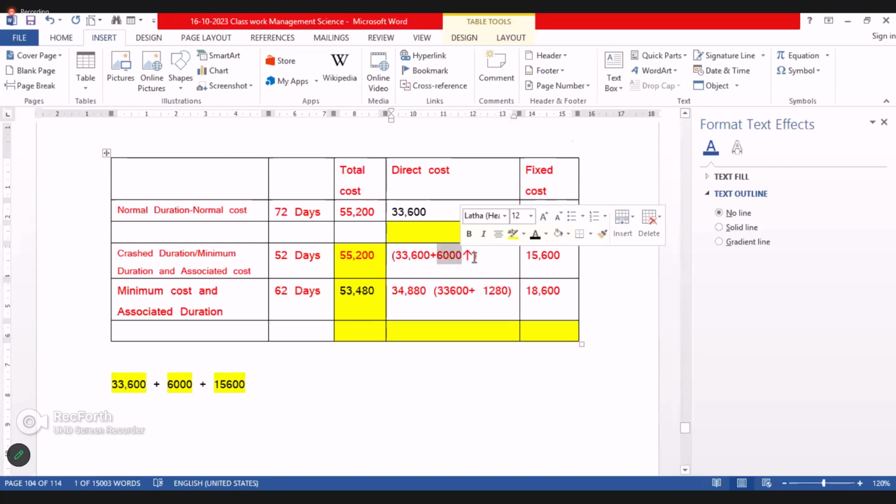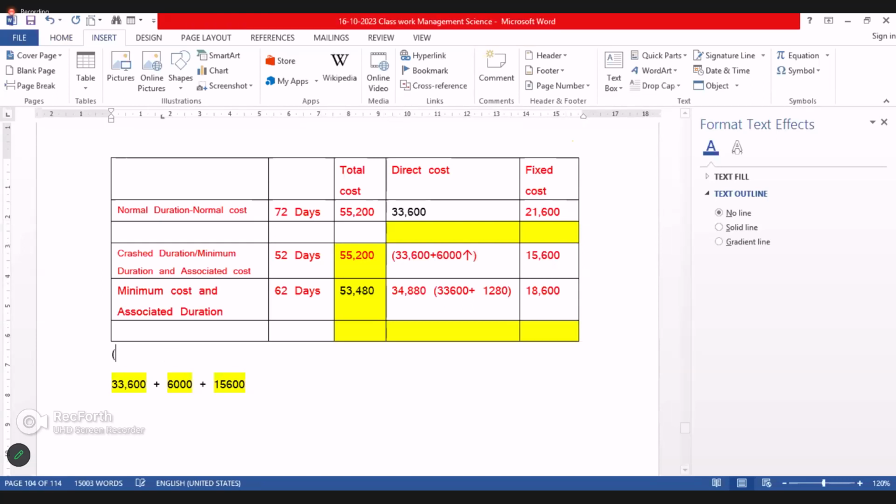Fixed cost, you also see 72, 52, 20 days. 20 days into 300, how much? That is 6,000. So a 6,000 reduction in fixed cost, 6,000 increase in activity cost. This is about the fixed cost component.